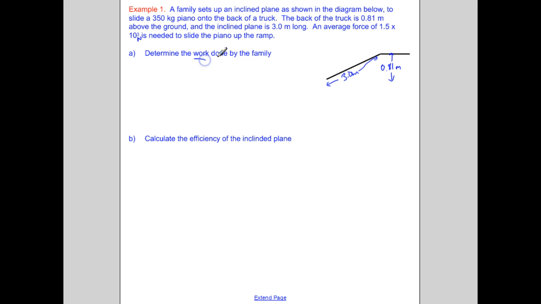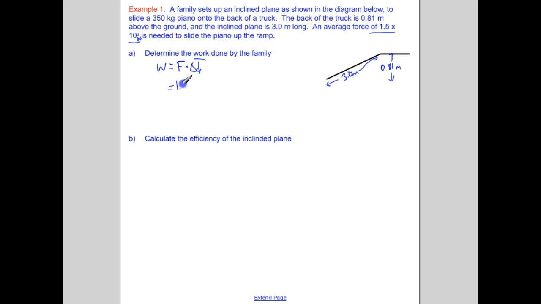So remember what work is. If you have to consult your formula sheet when you're working through these, it's probably helpful. Work is equal to force times distance. And both of those are given to us. We have a force, 1.5 times 10 to the 3, and we have a distance.